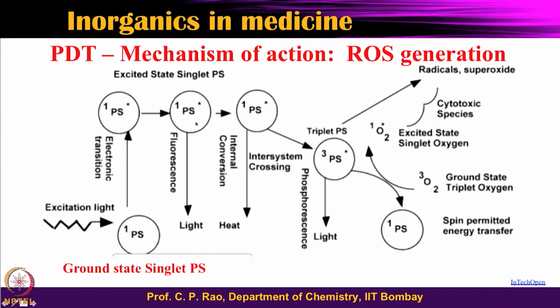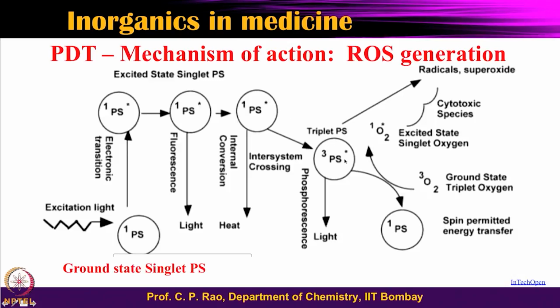It can go from one vibrational level to another to another, which is called internal conversion, and that can deactivate the vibrational state. It can do intersystem crossing, as I mentioned earlier, and it will go from 1PS to 3PS. This star is excited.